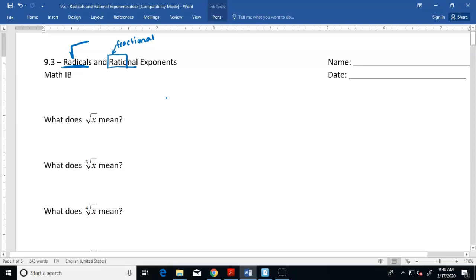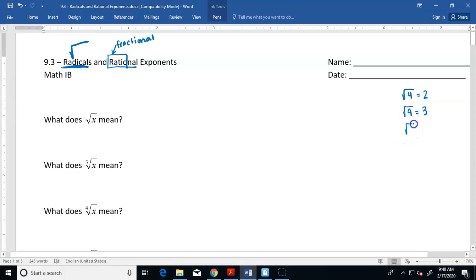What does the square root of x mean? Now you should know how to do square roots. For example, what is the square root of 4? It is 2. What is the square root of 9?